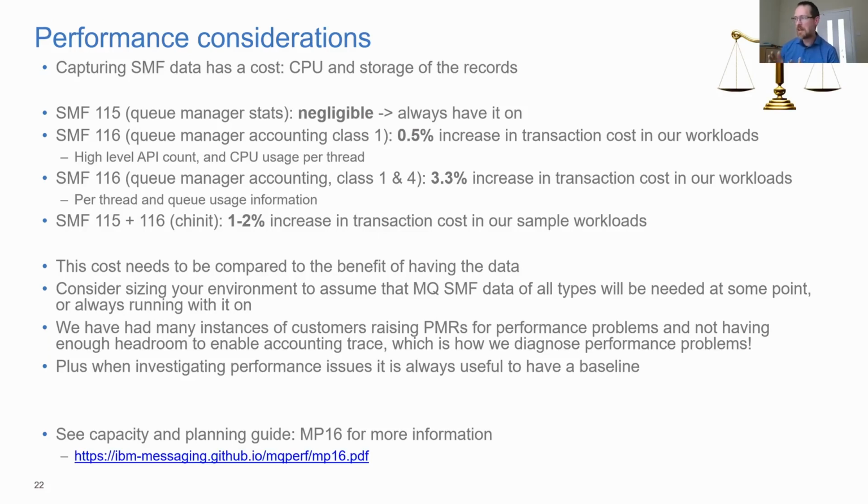So allowing for this in advance and sizing for it in advance, even if you don't have it switched on, is actually quite a useful thing, because it means that, fair enough, you don't burn the CPU most of the time, but if something does go wrong, you have the headroom so you can switch it on. And also, understand what's normal. Don't just look at this when something goes wrong. Look at it occasionally when things are just normal. Understand your baselines. Really, really important.